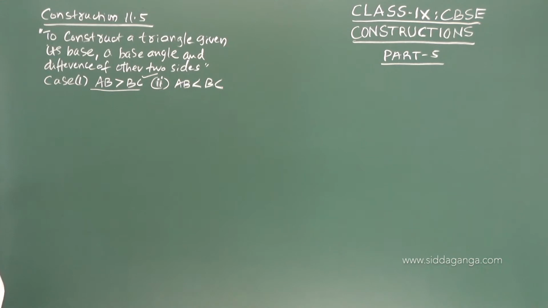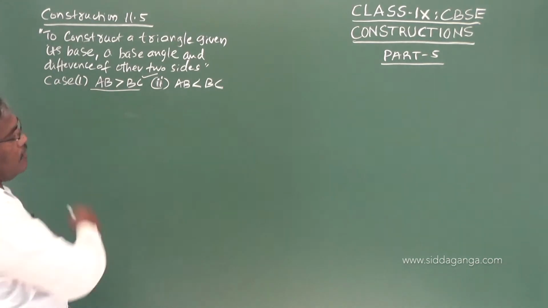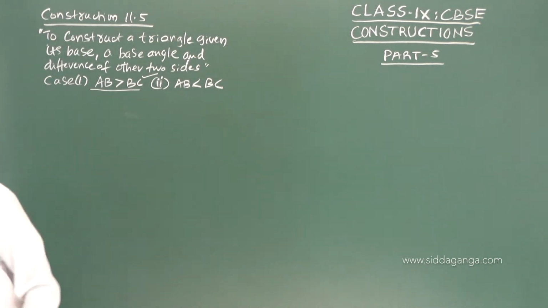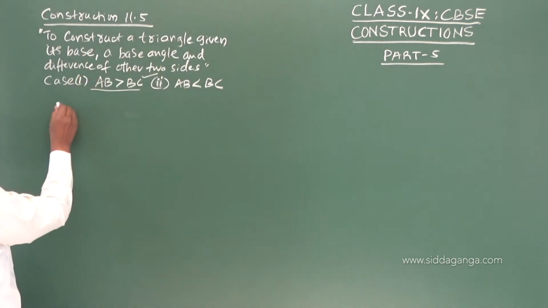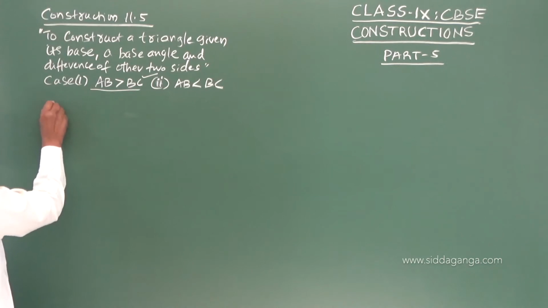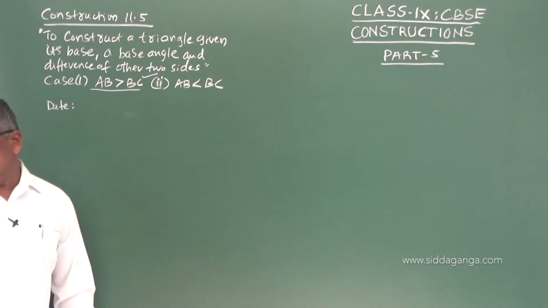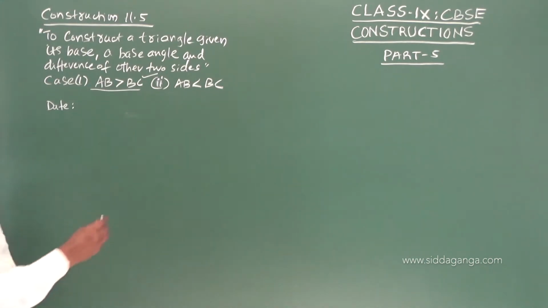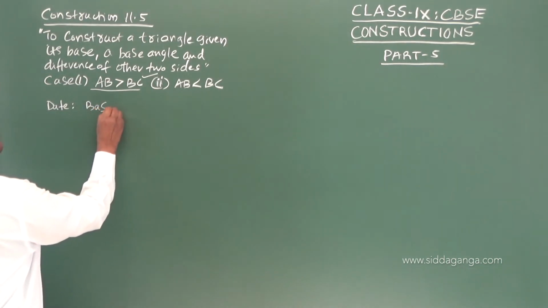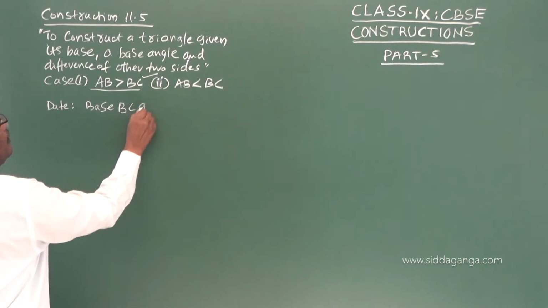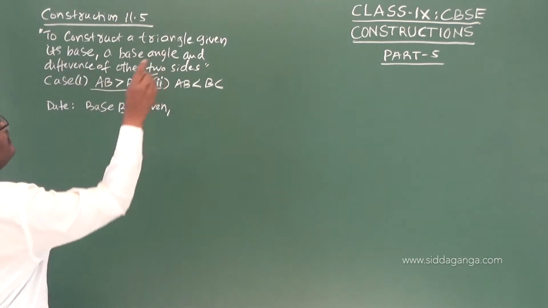Now, see what the given things are. To construct a triangle given its base, the data given is: the base length, let us say base BC is given, and a base angle is given.